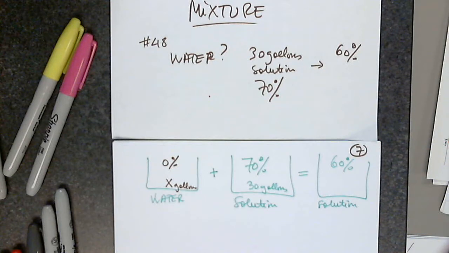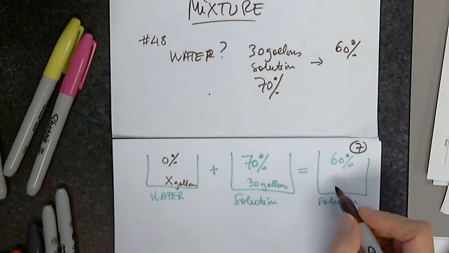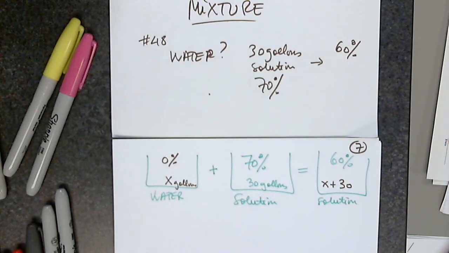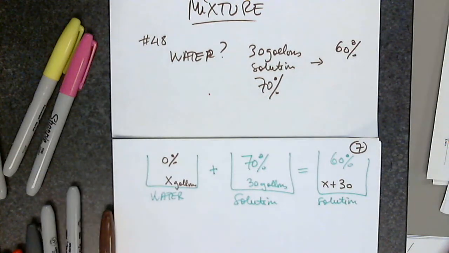In this container, I have 30 gallons of mixture. I take these two into the third one that is empty. It would be 30 plus X. Awesome. I had the original 30 and I added X. Good. Perfect. Now I need an equation.